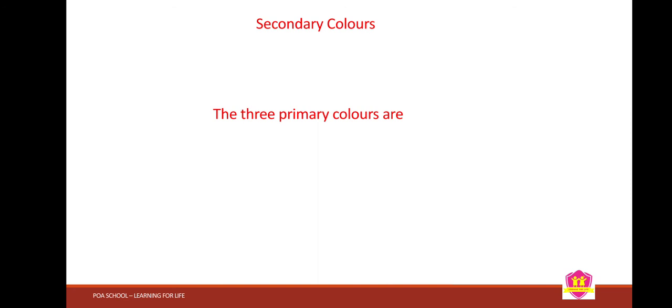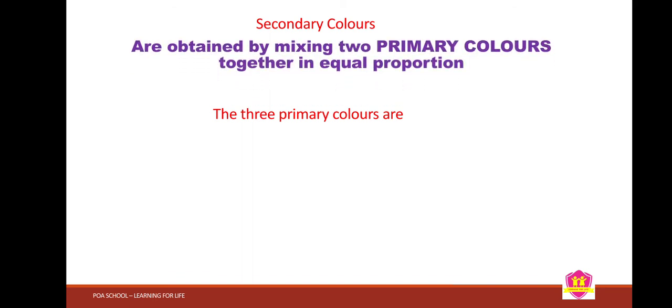Let's now come to our main business for today, which is secondary colors. Secondary colors are obtained by mixing 2 primary colors together in equal proportion.